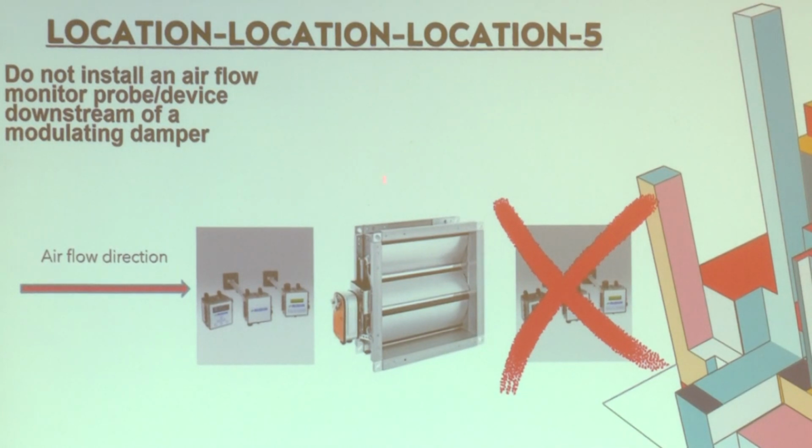Because this damper is modulating up and down, open, close, and so this airflow monitor is seeing this crazy pressure change all the time. You have to put the airflow monitor probe before the damper in order for it to work right. Otherwise, it just doesn't work. It's high, it's low, it's high, it's low, and the control system can't keep up with it. So even if you have an airflow monitor that's protected, clean and operating, if you put it after the damper, it's not going to work right anyway.